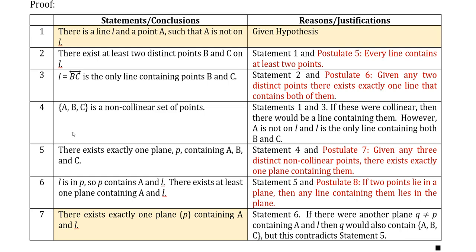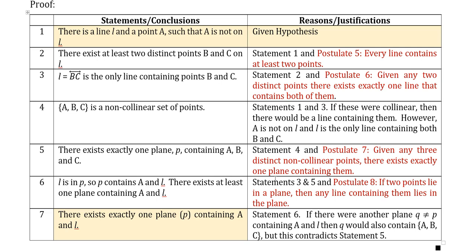Actually, I need statement 3 there as well, really statements 3 and 5, and postulate 8. Statement 5 satisfies the hypothesis of postulate 8, and then the fact that statement 3 says L is the only line containing them, put that together. So we know that L is a line containing the 2 points.